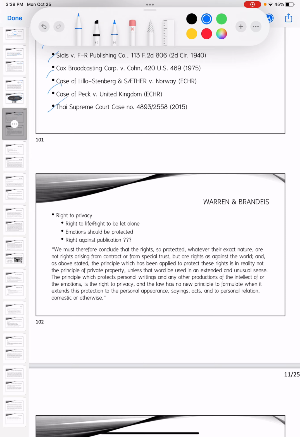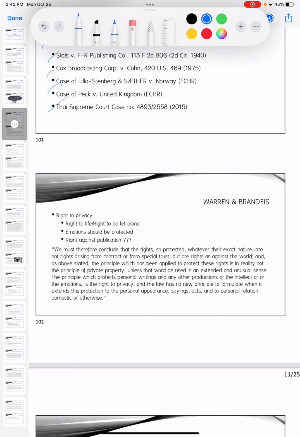First of all, we have referred many times to the article written by Warren and Brandeis, who explained that the right to privacy, or sometimes what he called the right to life or the right to be let alone, is a right that should be protected. Warren and Brandeis are American, so this article was written in the context of the American legal system, where the legal system is common law, as you know.